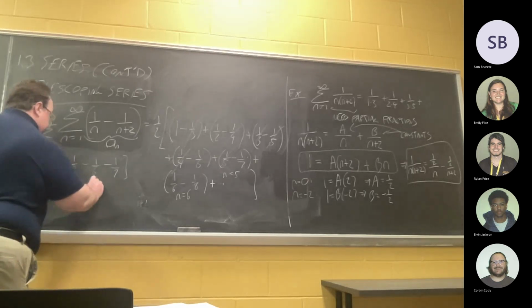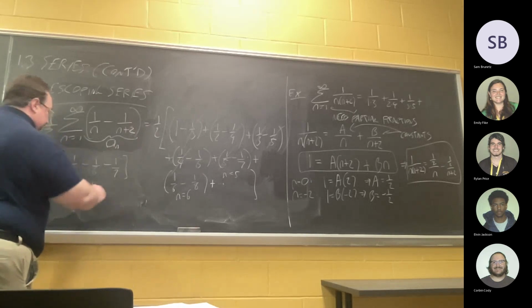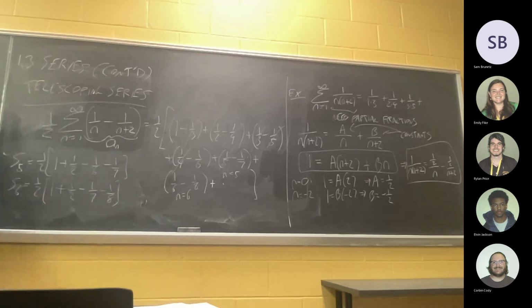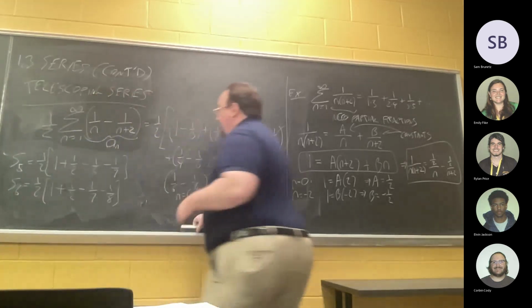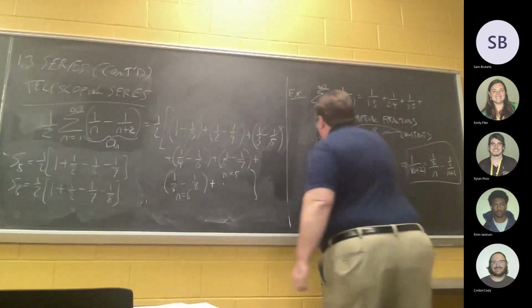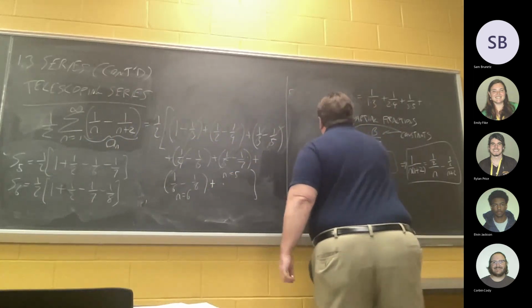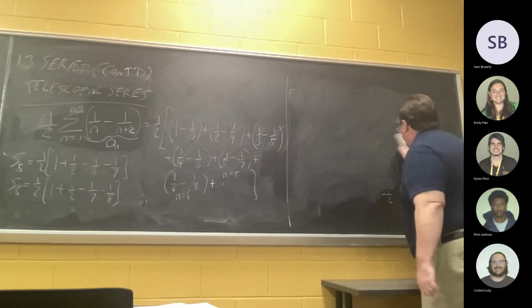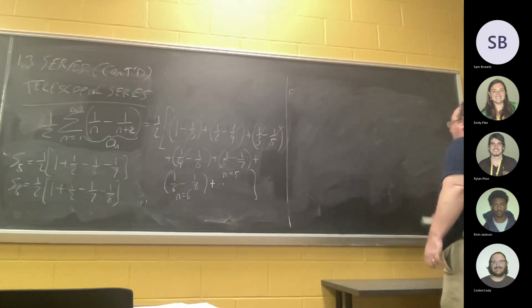Yeah, but the 1/6 canceled out now. Minus 1/7 minus 1/8. Okay. We're beginning to see what kind of partial sums we're getting. It's a good idea to maybe do two or three to see the patterns.